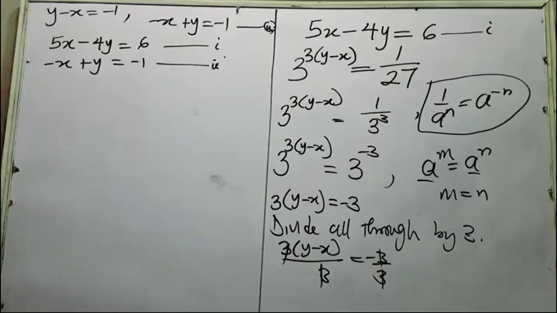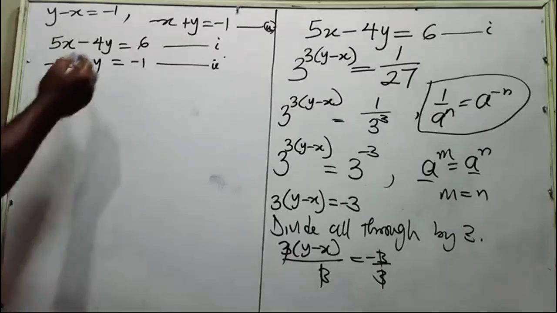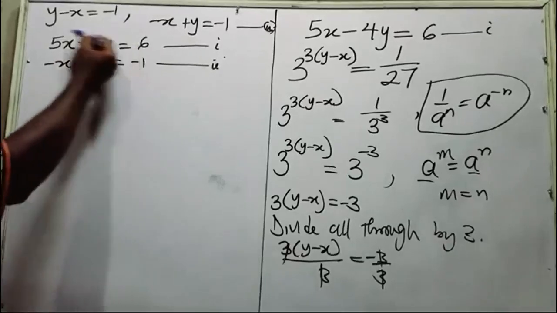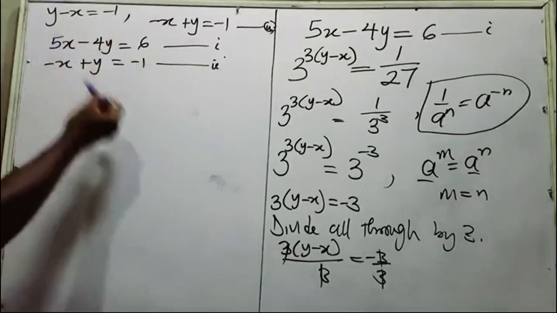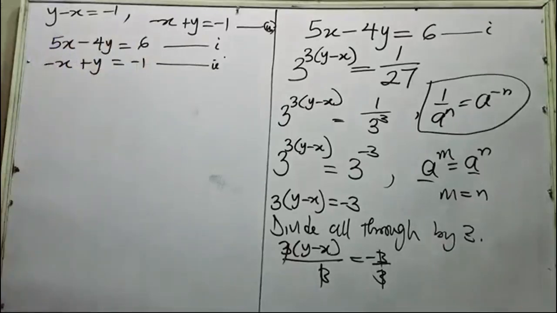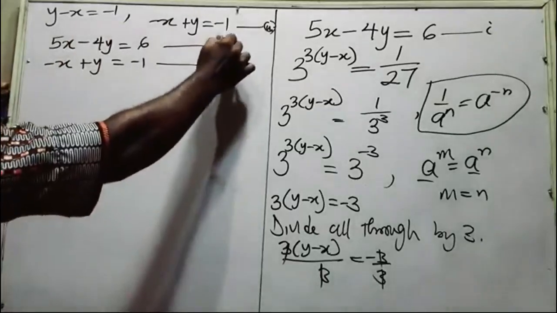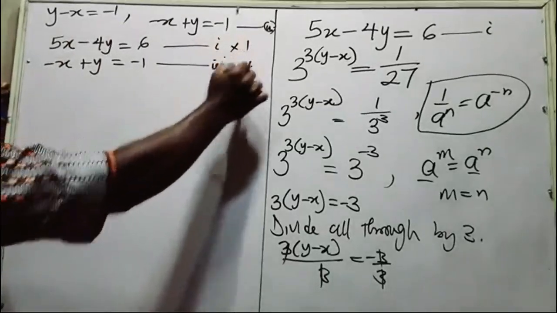But at this junction, it is preferable to use the elimination method by trying to make any of these coefficients the same. So we can multiply by 5, or we can multiply by 4. But let's try to eliminate y by multiplying equation 1 by 1 and equation 2 by 4.